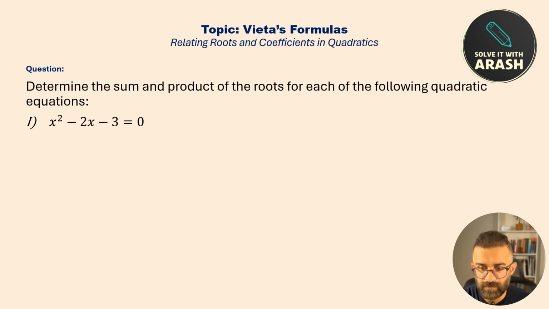To solve this quadratic, you can try factorizing the quadratic, write it in factored form, or you can use the quadratic formula. In this case, I'm going to use the factorization of the quadratic. This quadratic can be factored into x minus 3 times x plus 1 equals 0.